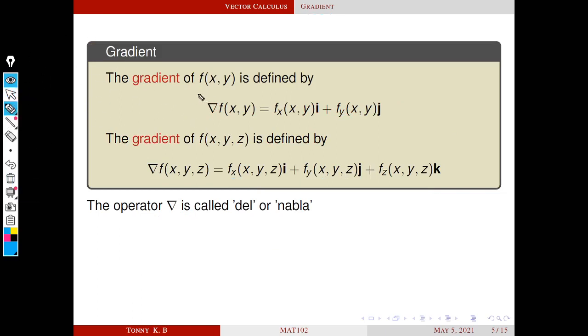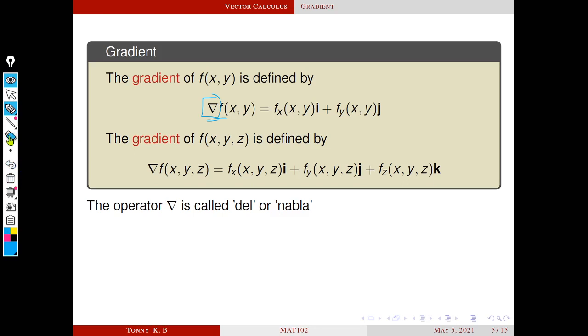The gradient of a function f(x, y), a two-variable case, is defined by fx(x, y) i plus fy(x, y) j. Here fx stands for the partial derivative of f with respect to x, and fy stands for the partial derivative with respect to y. It is denoted by del f, and we call this symbol del, or nabla.